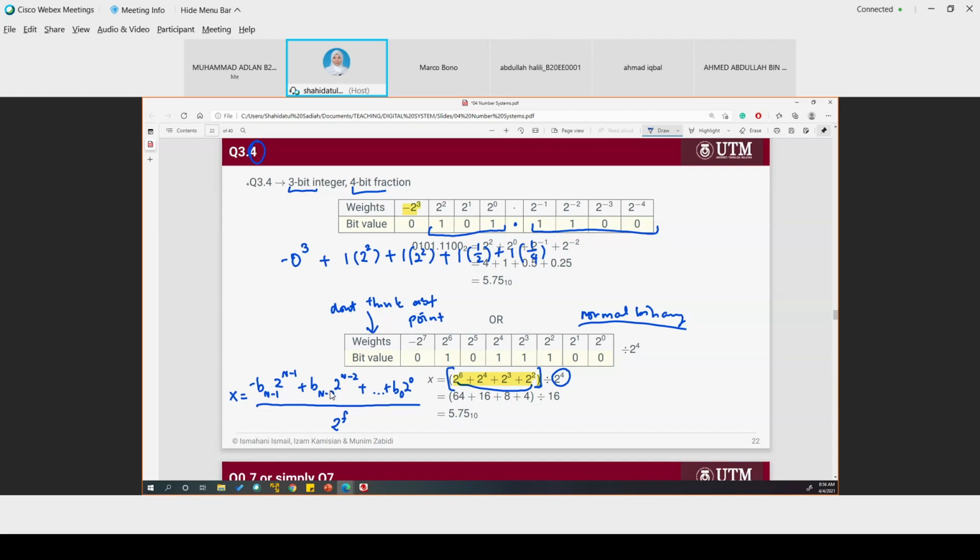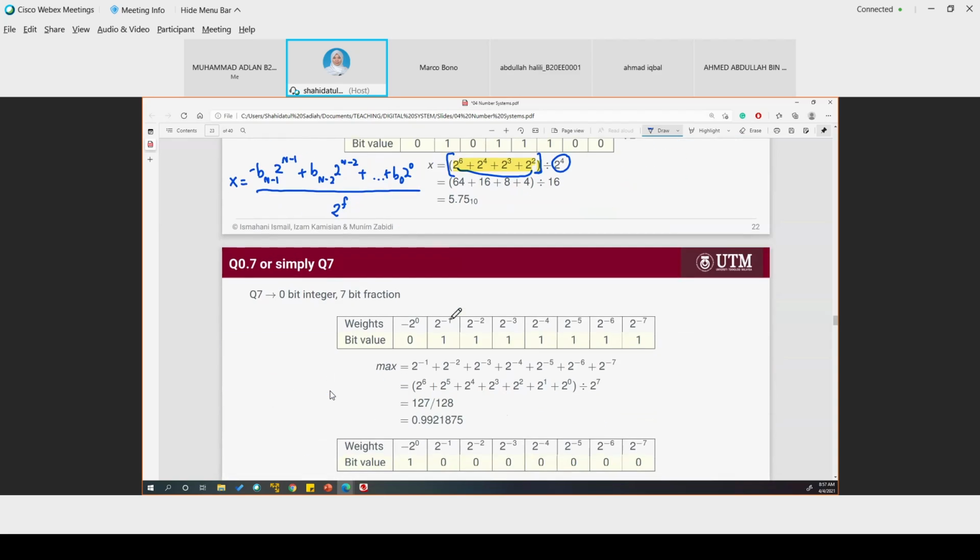But if this is a fixed point in the Q format, you divide that by 2 to the power of the number of fraction bits. You can find the number of fraction bits in the Q format name. Questions? Seems like no questions.